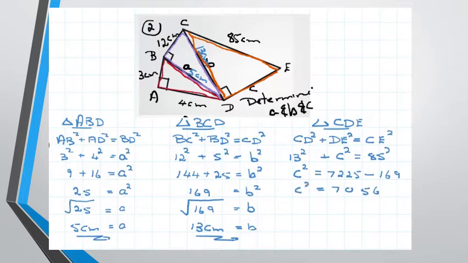One term left, one term right. Therefore, I'm going to have the square root of 7056. And therefore, the value of DE going to leave me then with an answer of 84 centimeters. And there I have determined the A, the B, and the C value. And once again, my calculation became quite easy by just using some color codes in my sketch and do it step by step, and then it was not too bad.